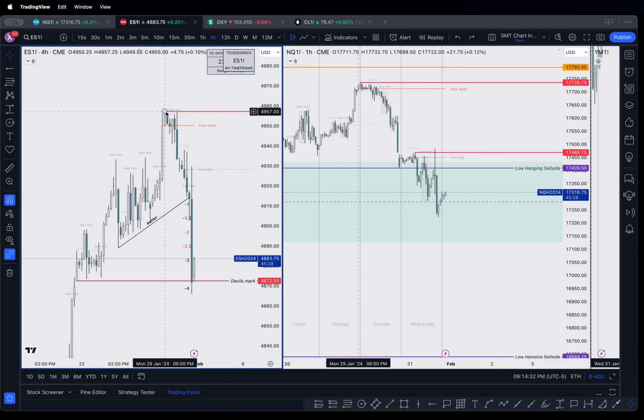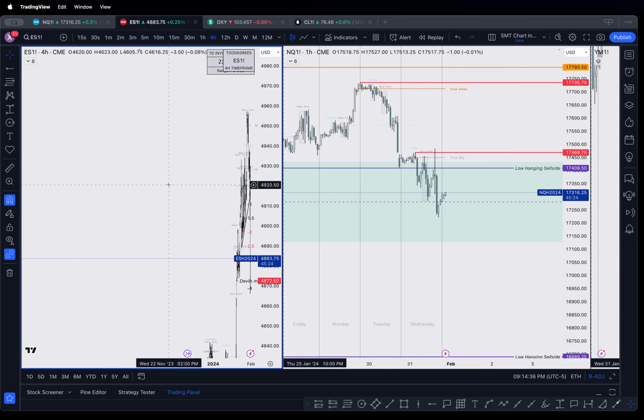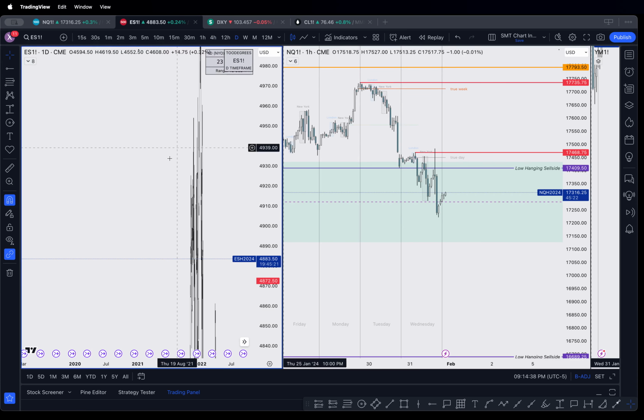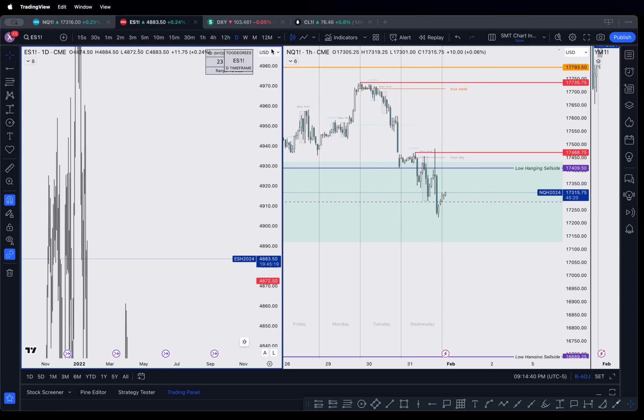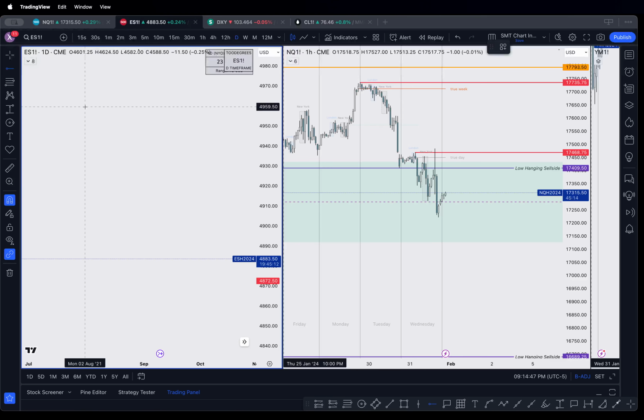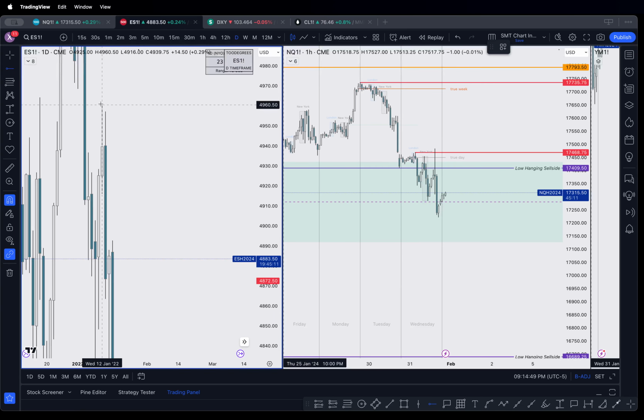Because if we want to go lower, why would we put in now a triple top on the 4 hour and a double top on the daily? If that's the liquidity purge we want, now we're putting in a series of equal highs that's going to be a magnet for price. Even this 4960.25, it would have made sense to come in and take all this out. But even just taking out this would have been nice.